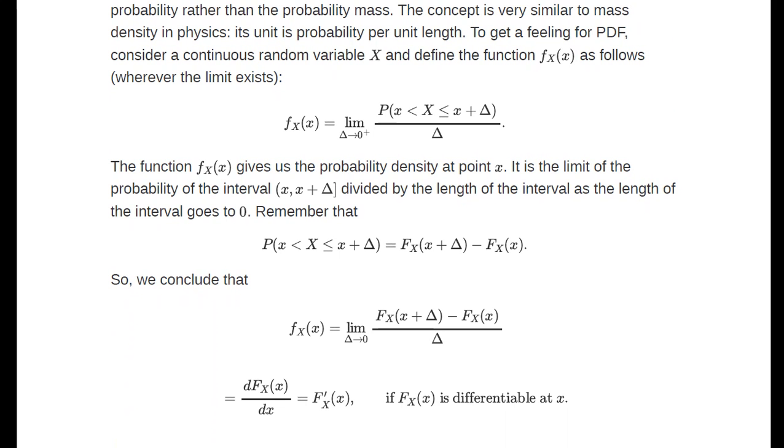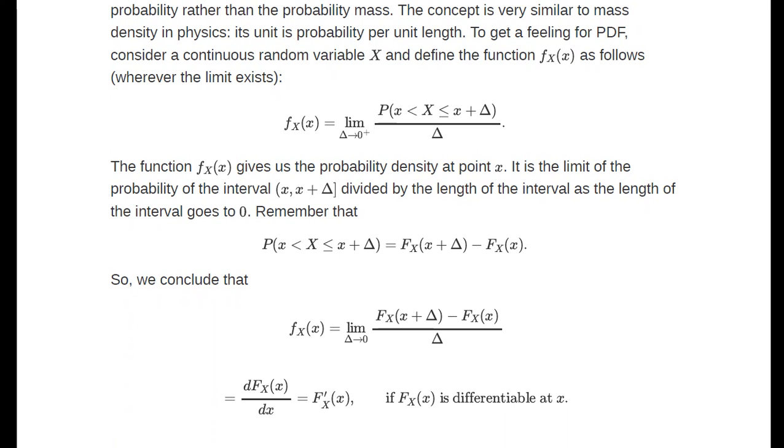The function f_X(x) gives us the probability density at point x. It is the limit of the probability of the interval [x, x+Δ] divided by the length of the interval, as the length of the interval goes to 0.